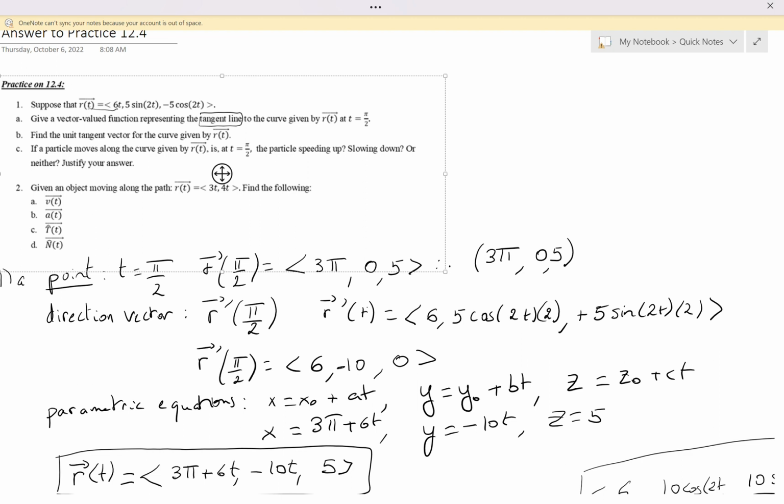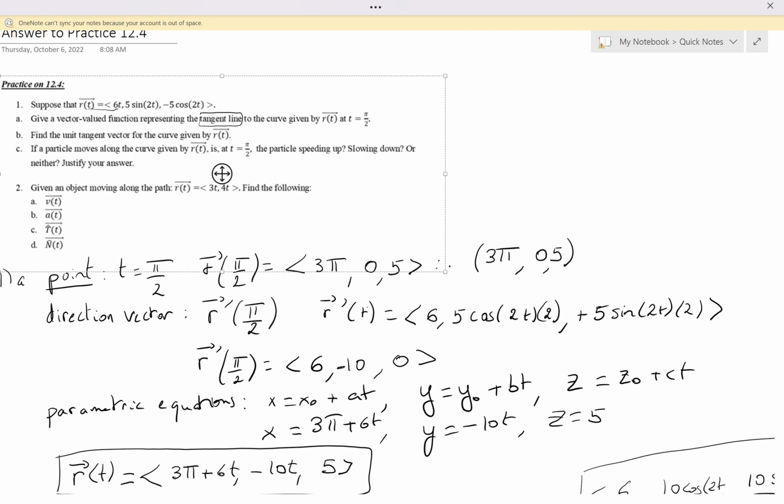So to know if an object is speeding up, slowing down, or actually at a constant speed, what we need to do is investigate the tangential component of the acceleration. If the tangential component of acceleration is 0, that means that the acceleration is not acting in the line of motion, which means that the speed is going to be constant.